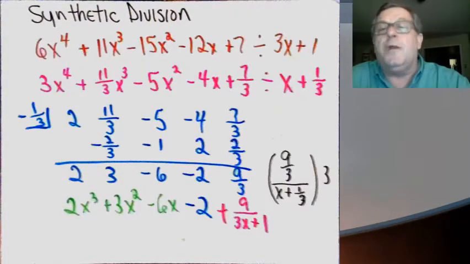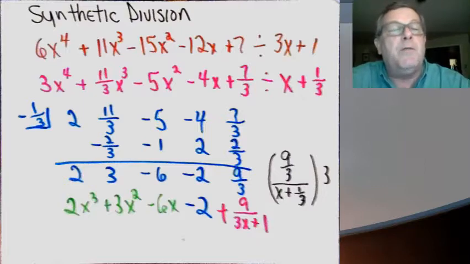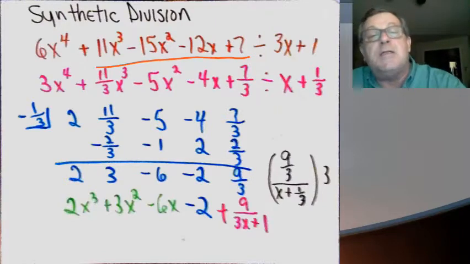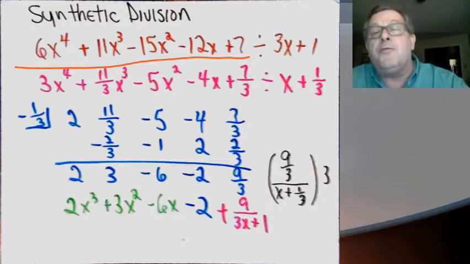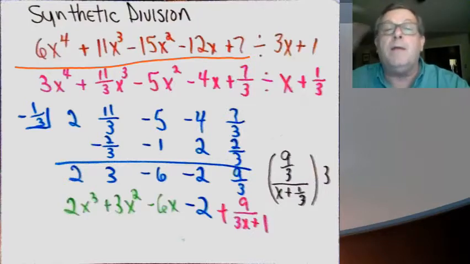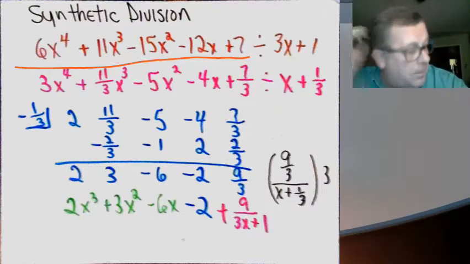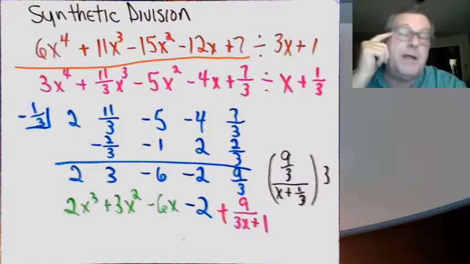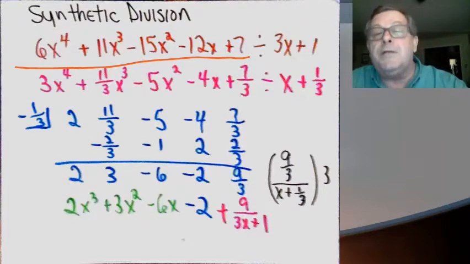Well, let's look at another one here using synthetic division. Now we're being asked to divide 6x to the 4th plus 3x cubed minus 15x squared minus 12x plus 7 by 3x plus 1. In the case of synthetic division, we cannot use it if we're trying to divide by anything where x has a degree greater than 1, and we also cannot have that coefficient.